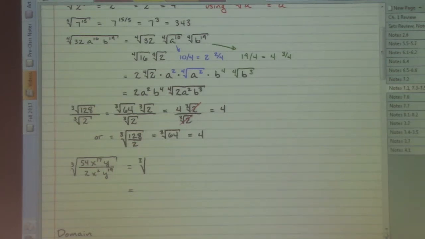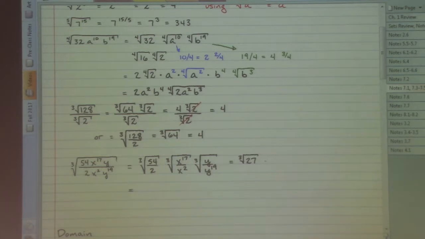So our cube root here, we can worry about doing the number stuff, separate it out from the x stuff, which is again separated out from the y stuff. The number stuff we can actually simplify. The 54 over 2 gives us 27.